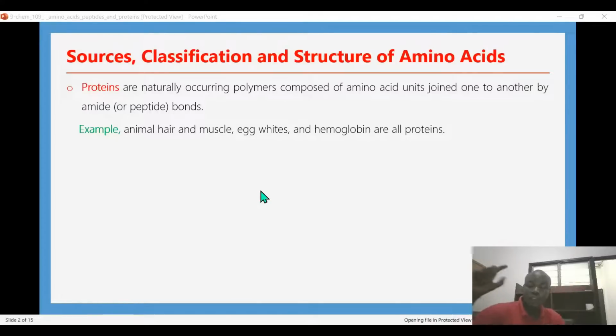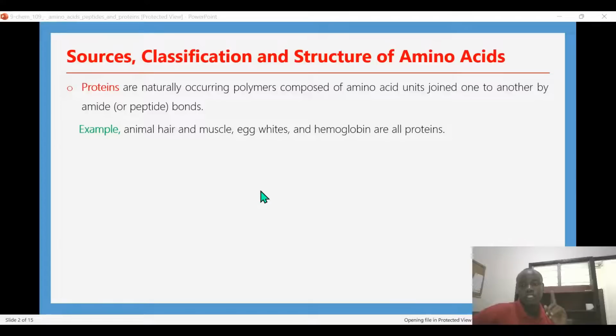So one thing that I want us to understand is that proteins that are found in the body are responsible for each and every activity that is taking place in our body.